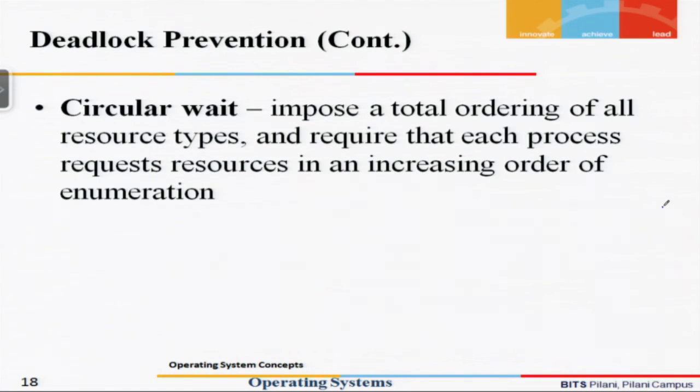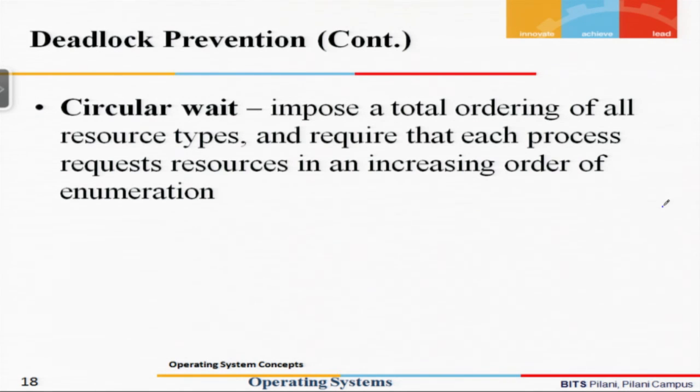So it can only be allowed in order. In the previous case, process P0 was trying to make a request for R1 which was held by P1, and P1 was waiting for P2, and Pn was waiting for P0.